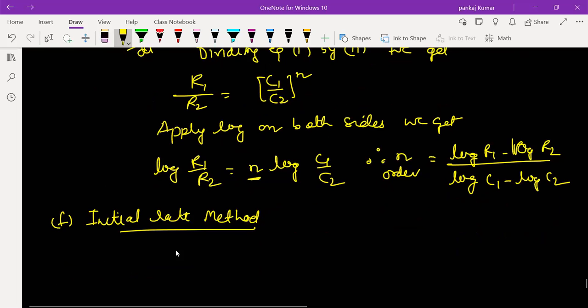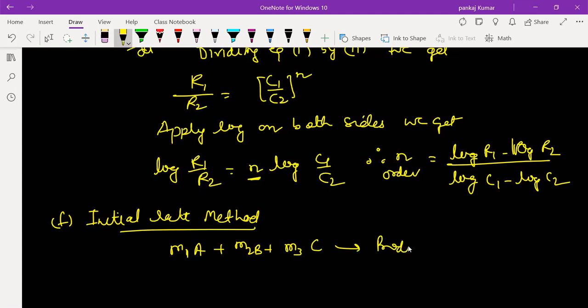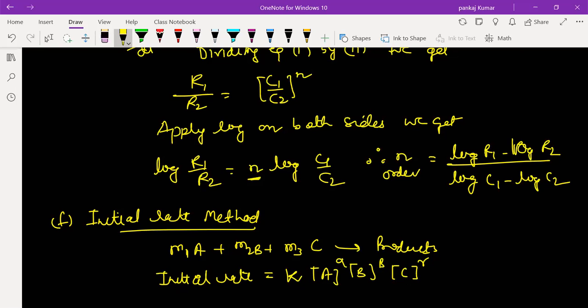Suppose m1 A plus m2 B plus m3 C gives the product, and the initial rate is equal to k into A to the power alpha, B to the power beta, and C to the power gamma.